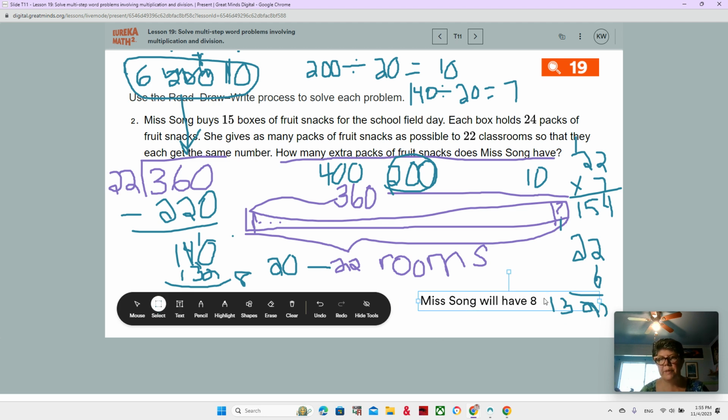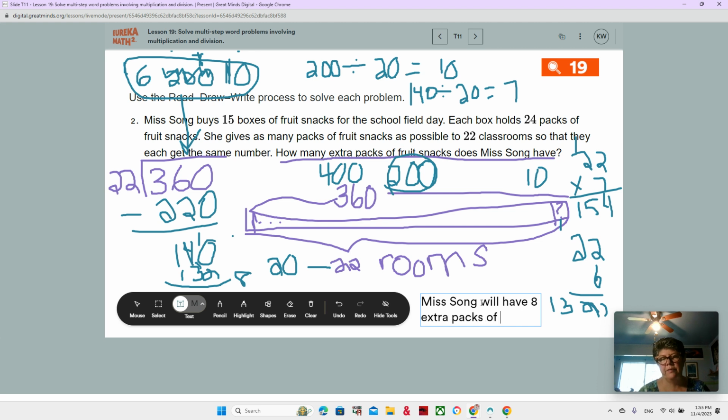Trying to just use the space I have here. There we go. This song will have 8 extra packs of snacks. Okay, word problems need to have word answers.